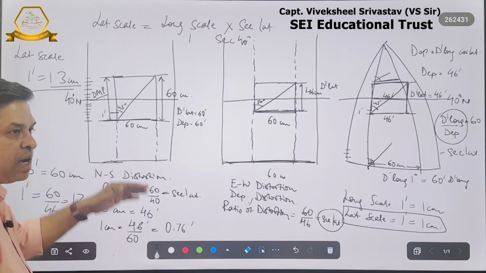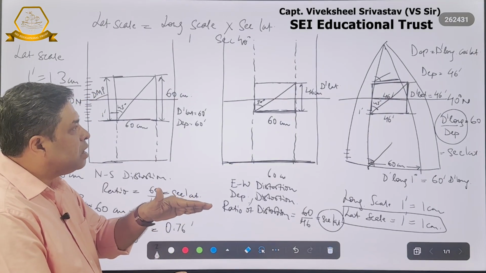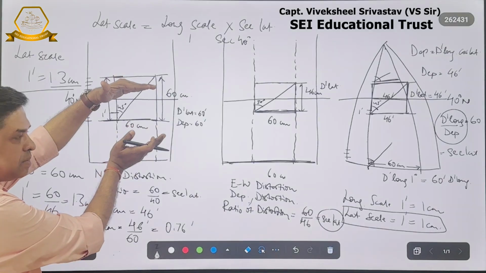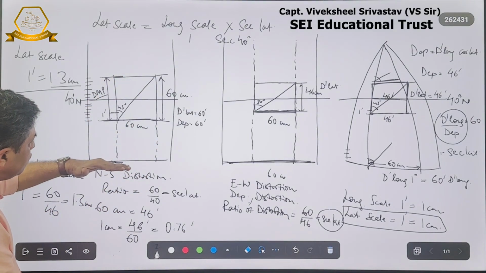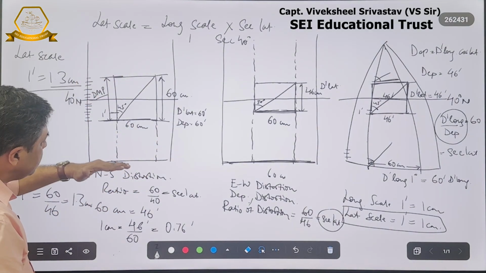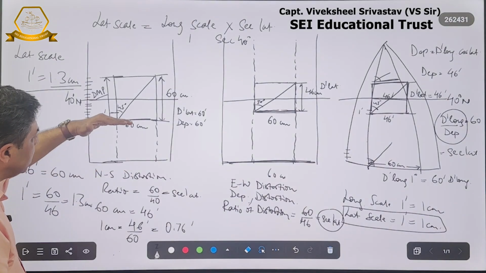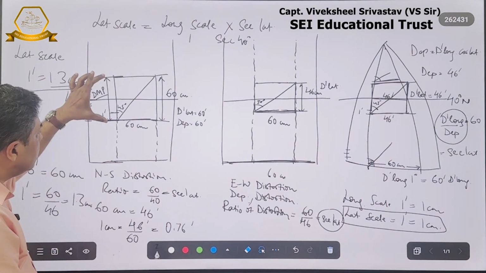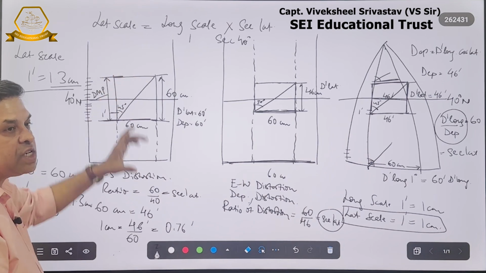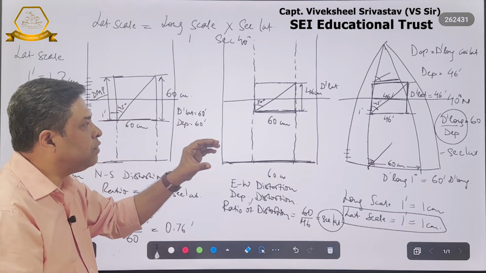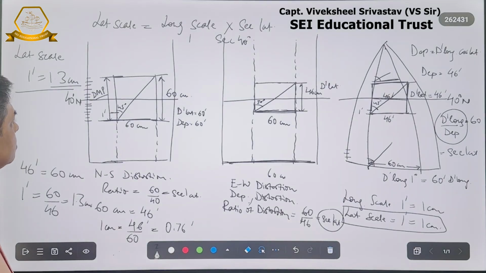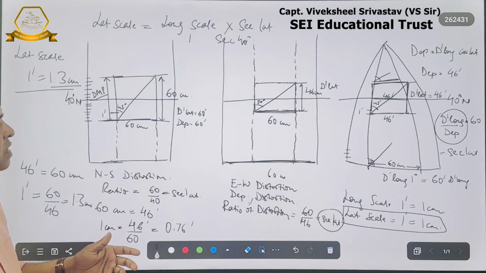What is that DMP? That DMP is the remaining distortion for that much of DLAT, because you have taken the distortion from here till here, and then the distortion from here till here, and you have subtracted. So the distortion remaining is the distortion for this DLAT, which is relevant for your chart, for the area you are constructing. Okay, so that is what meridional parts are.